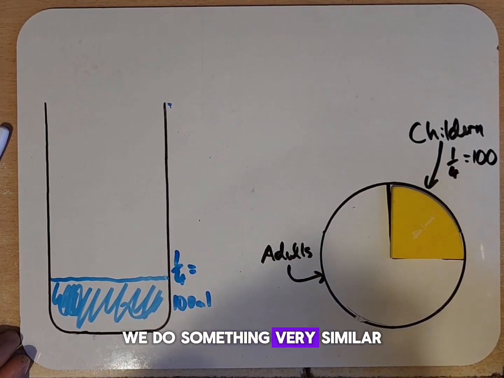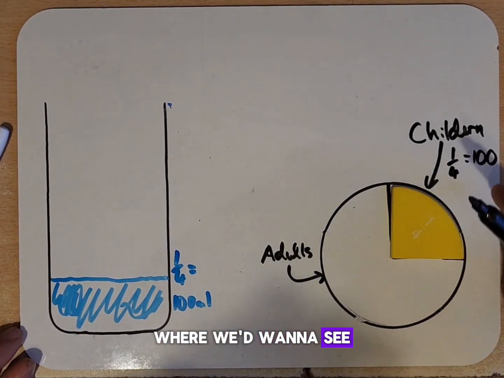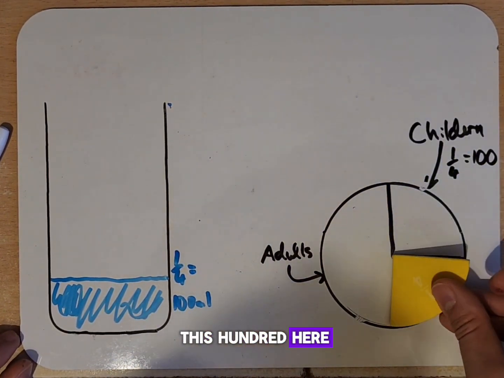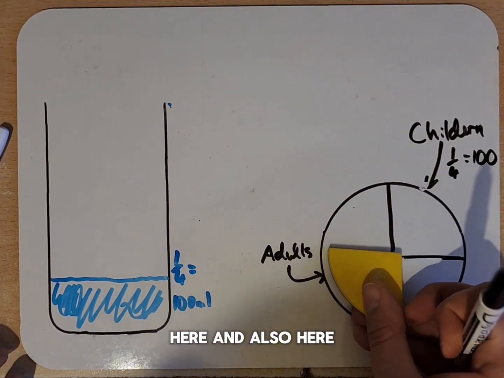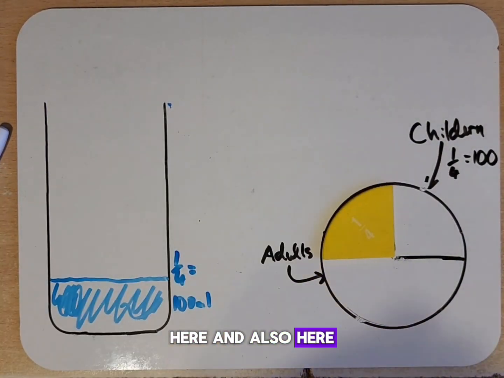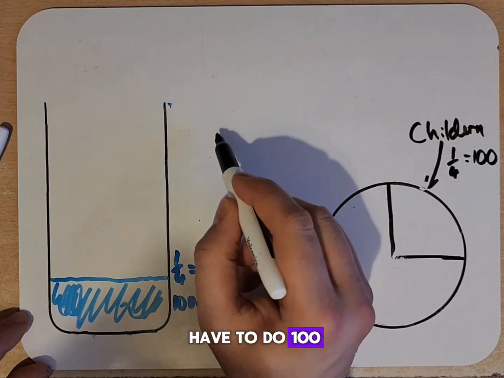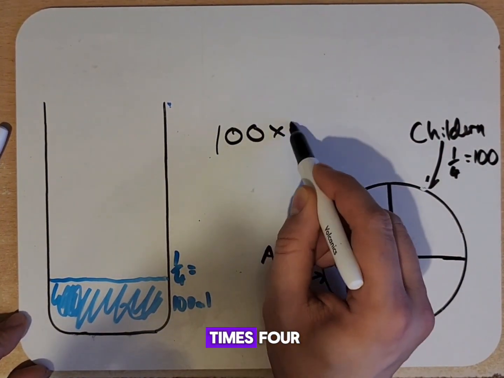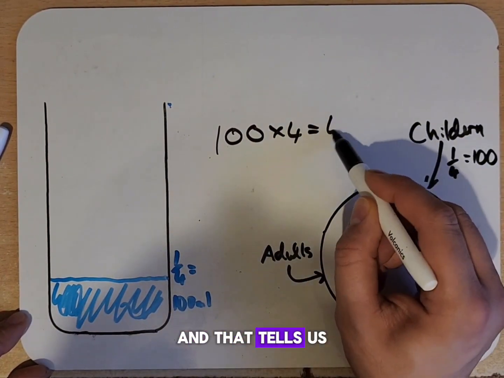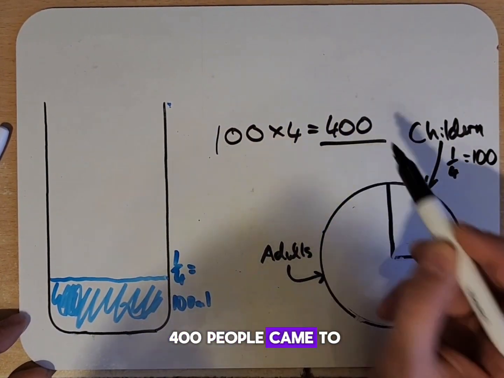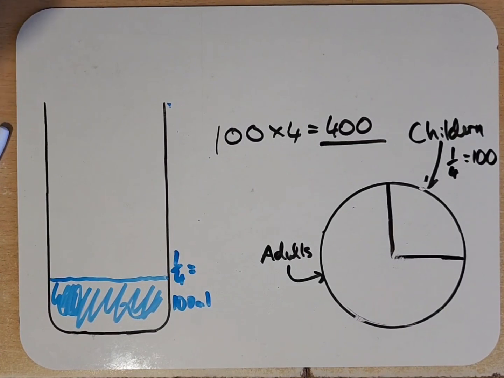We do something very similar, where we'd want to see this 100 here, here, and also here. Which means that we'd have to do 100 times 4, and that tells us 400 people came to the show in total. That is our second concept.